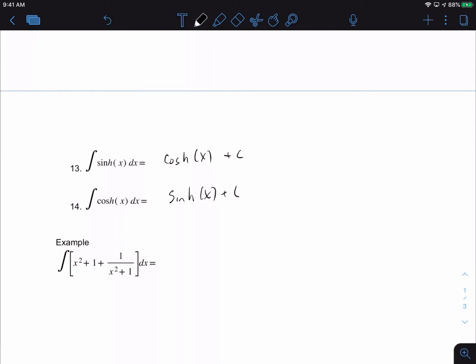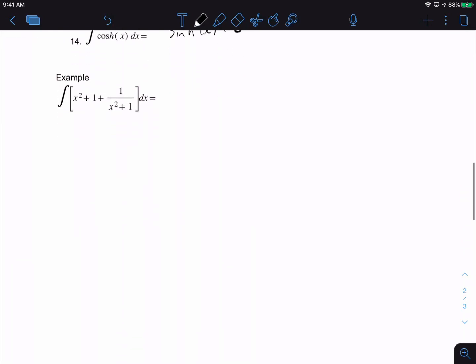They're positive, they don't change signs like sine and cosine would when we take the integral, so that's something that's important.